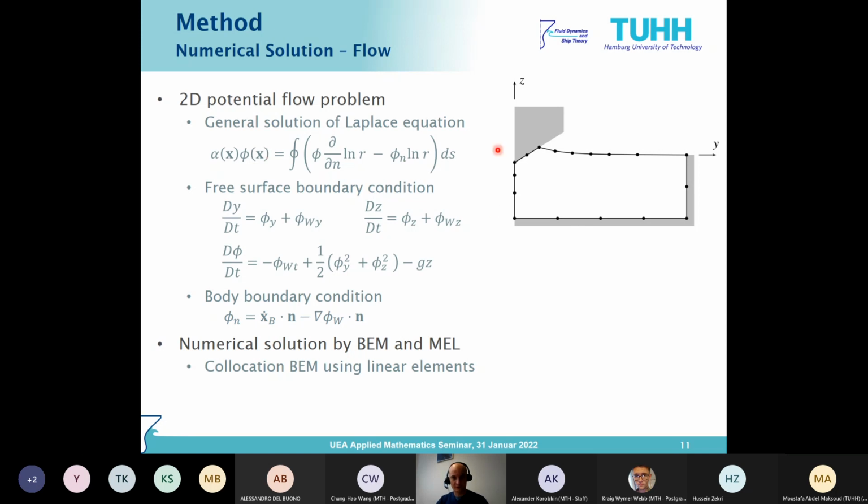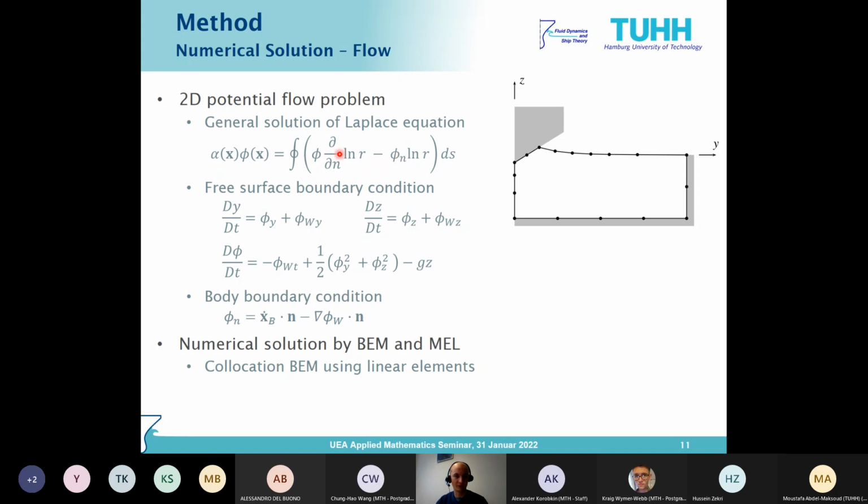And this equation is formulated for each node. And then we get a discretized form, from which we get an equation system, and then we can solve. Basically, what we can do with this equation is if we know one part of those boundary values, we can get the other part.